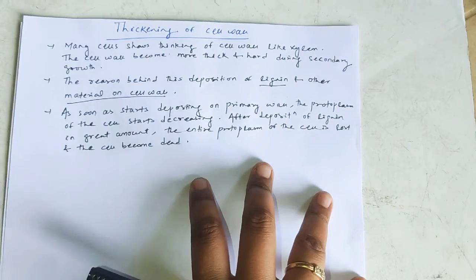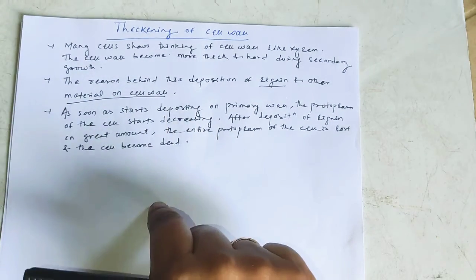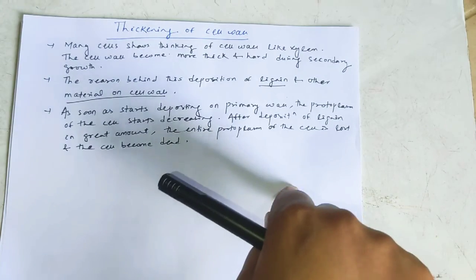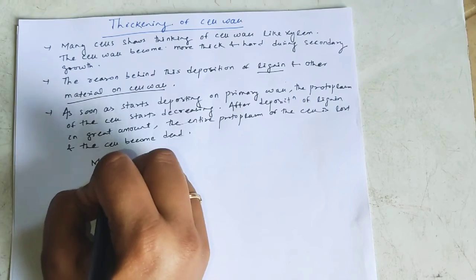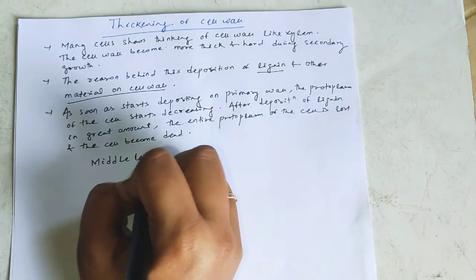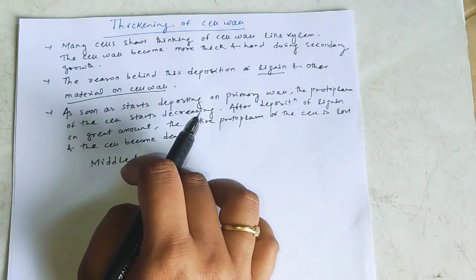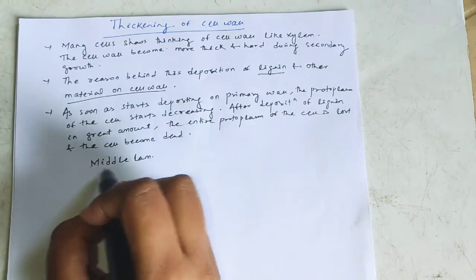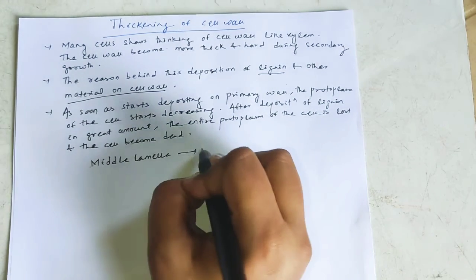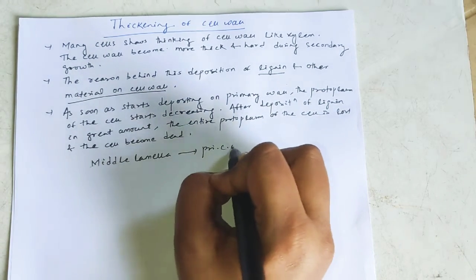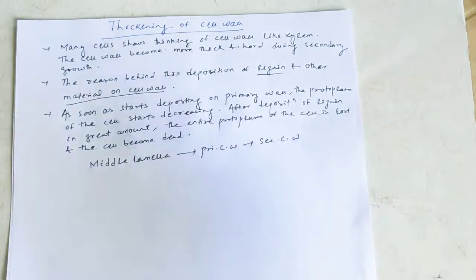Now, this deposition really starts from the middle lamella, then primary wall, then secondary. The middle lamella is present where? Out of the cell wall. The first layer is middle lamella, then deposition on the primary cell wall, followed by the secondary.